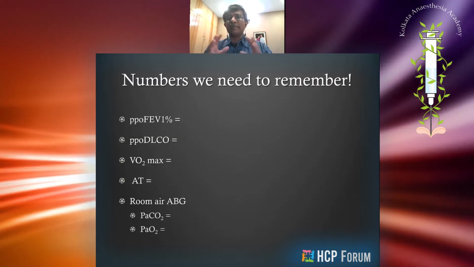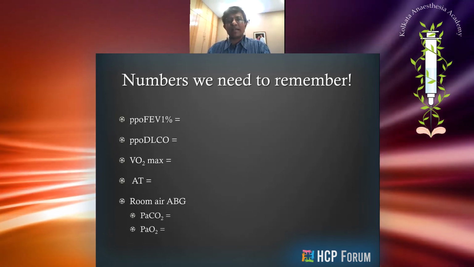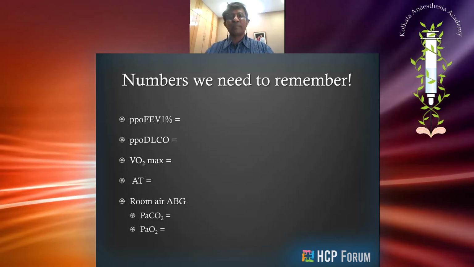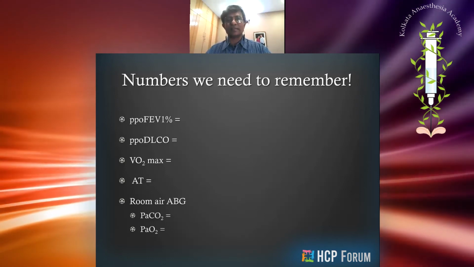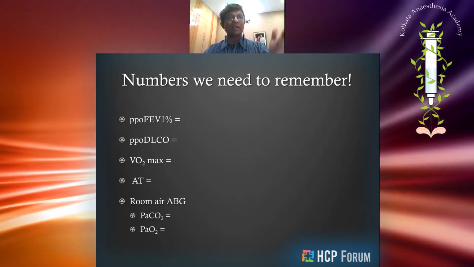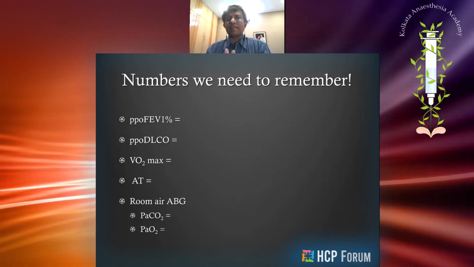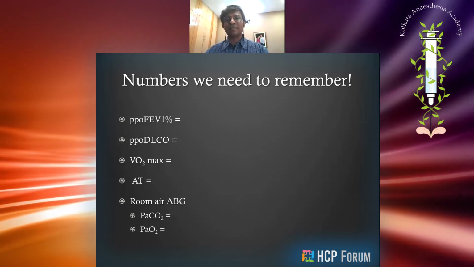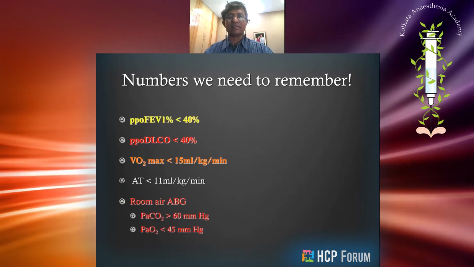So from these mechanical functions, the parenchymal functions, and the heart-lung interaction, there are certain numbers we need to remember when you are taking up patients for thoracic surgery. When you say that if it is greater than this or less than this, we will be bothered, but I will not be bothered if it is on the other side.